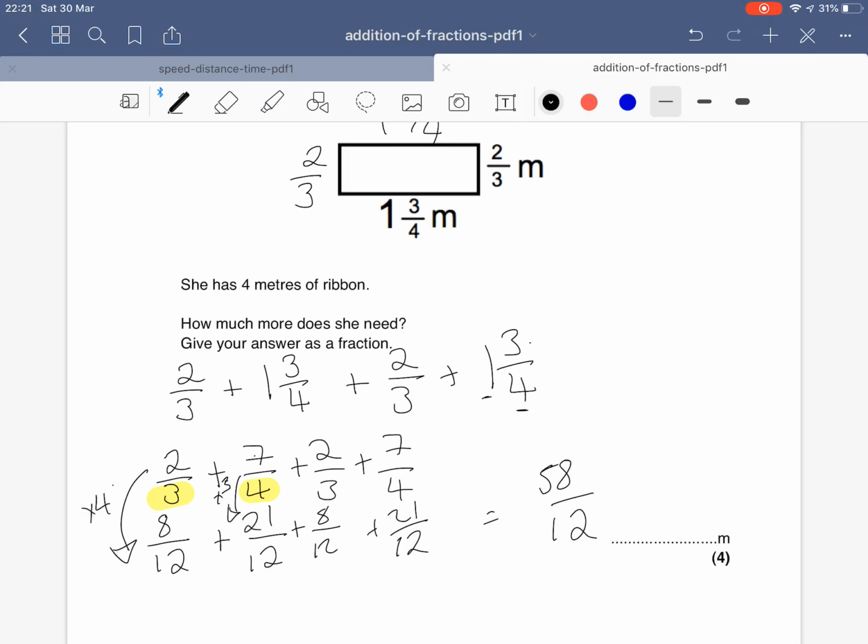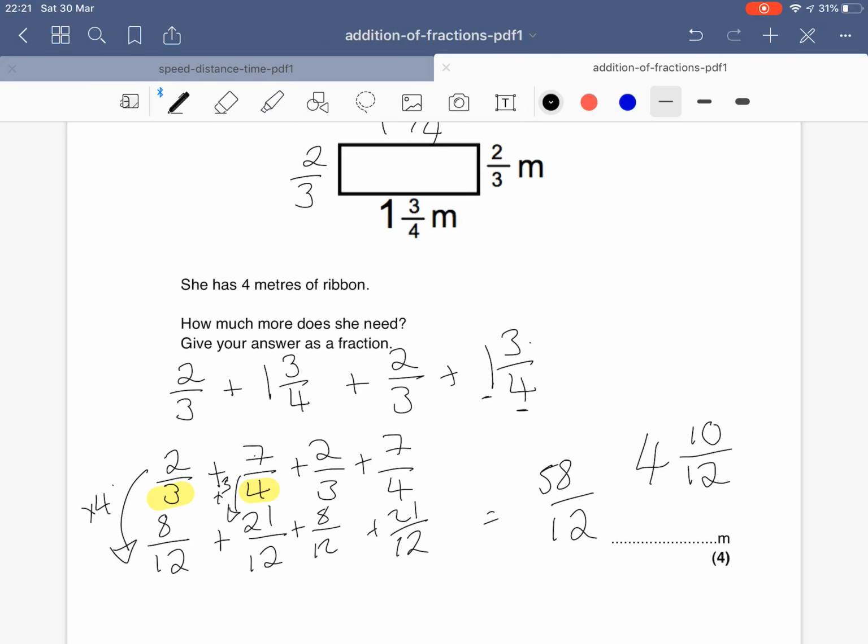So now we need to go, how many 12s go into 58? So it's going to be 4, because 4 12s are 48, with 10 left over out of our 12.